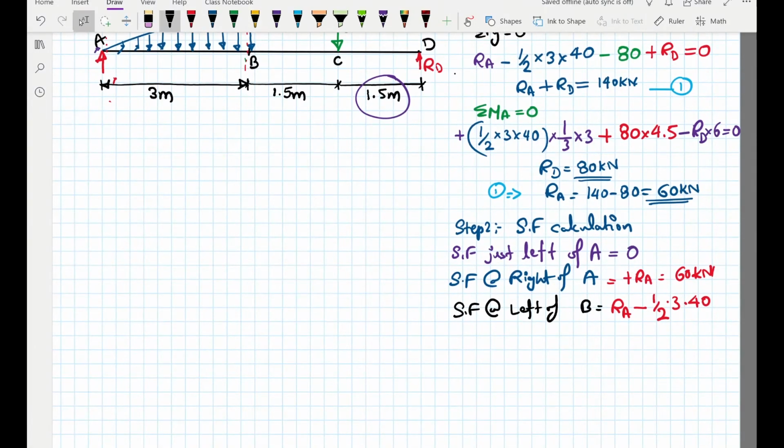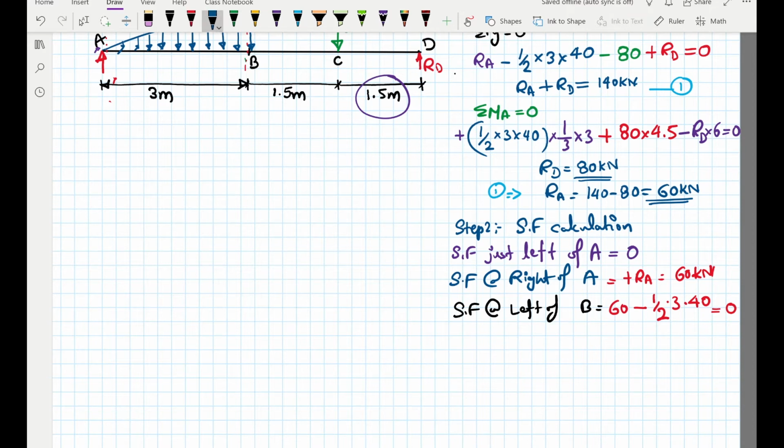So RA I can substitute as 60. If you do the calculation, we will get shear force at left of B equal to 0.